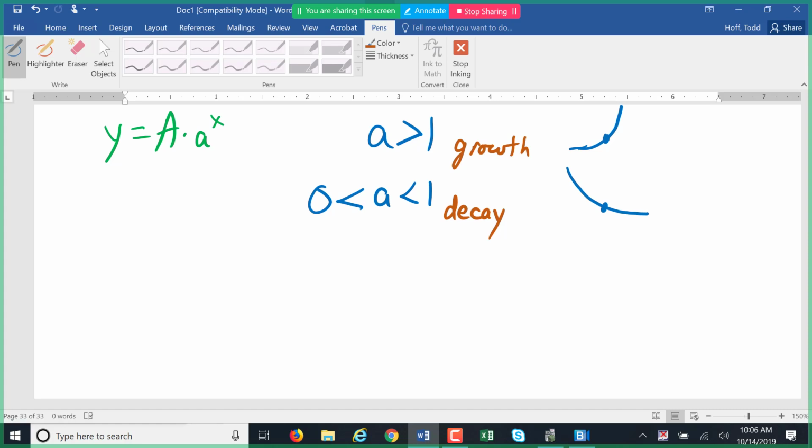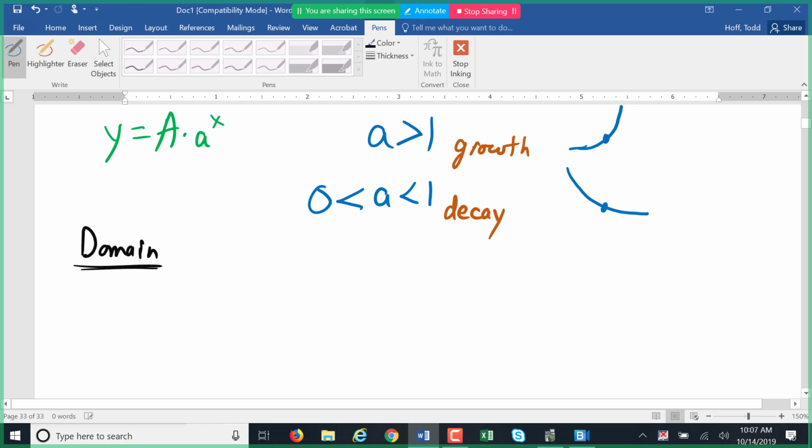Now, these functions are very, very useful in a lot of ways. First thing we see with them, as we're analyzing the function, is the domain. There's absolutely no value that is off limits for x in f(x) = A times a^x.